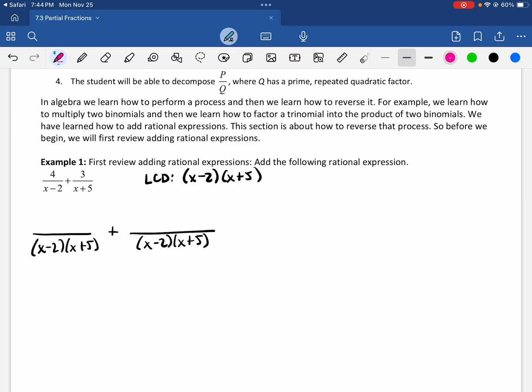Well, it is missing that x plus 5, so I'm going to take this numerator and multiply it by x plus 5. That's going to give me 4 times x plus 5. For the second one, I notice that denominator is missing x minus 2, so I'm going to multiply its numerator by x minus 2.